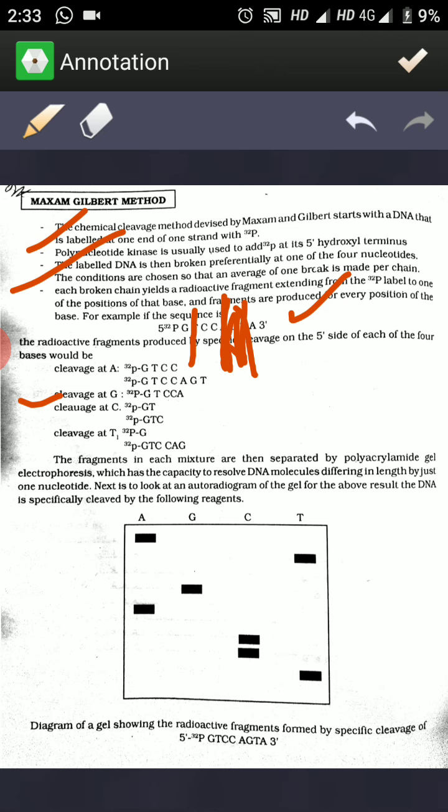If cleavage takes place at thymine, only G, guanine, with phosphorus 32 will be produced.